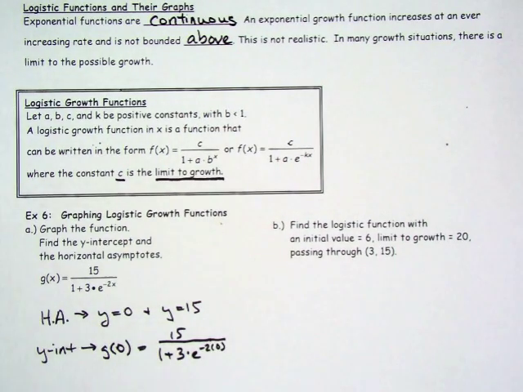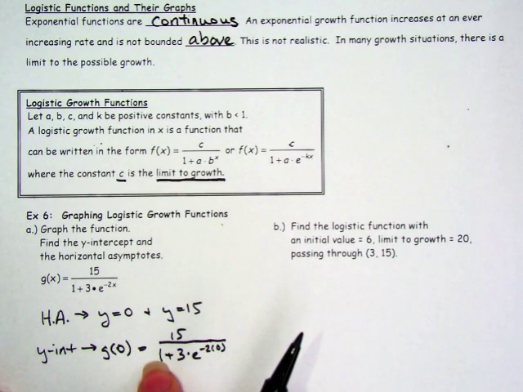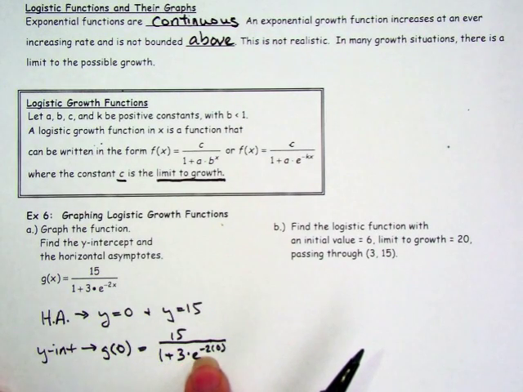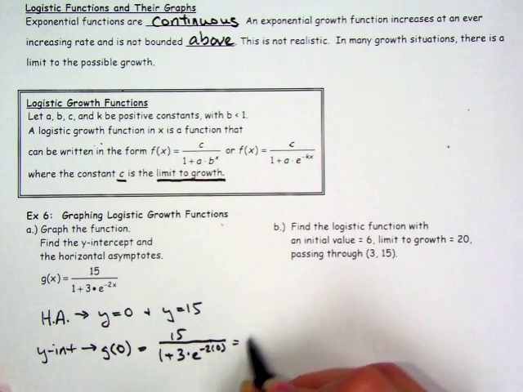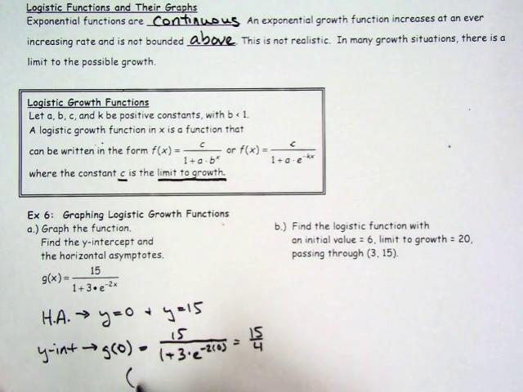Well, anything to the 0 is 1. So we have 15 over 1 plus 3 times 1, or 15 over 4. So our y-intercept is 0 and 3 3/4.